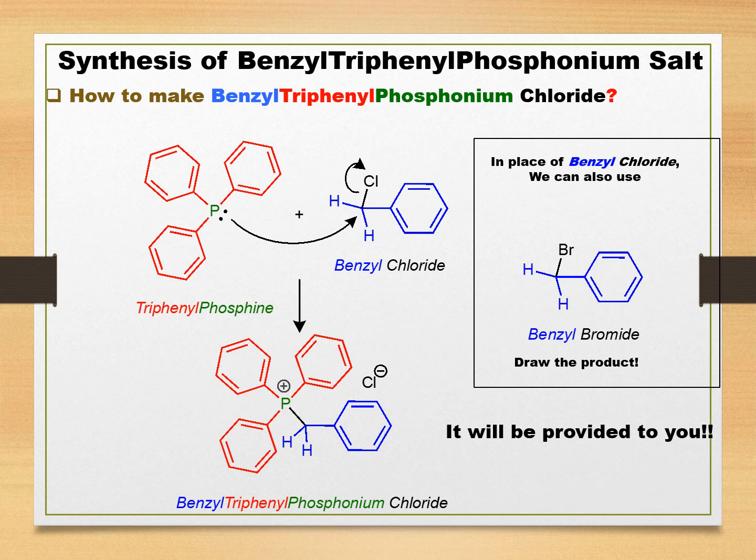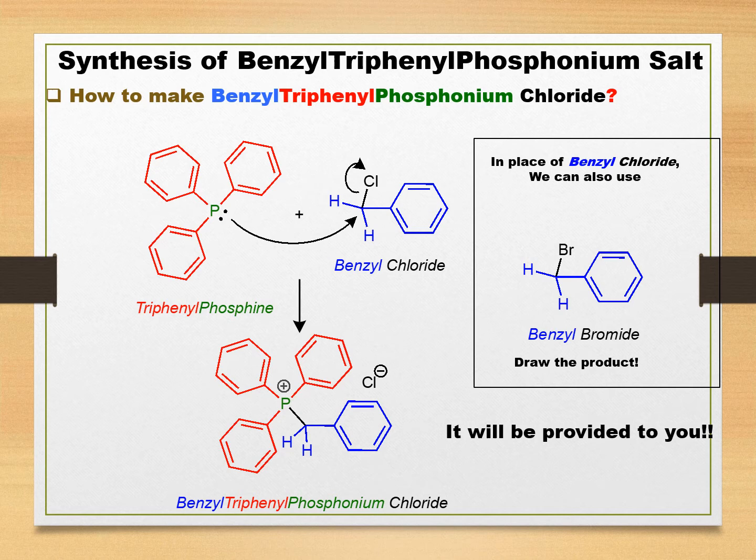Definitely this is an SN2 reaction where the phosphorus lone pair of electrons displaces the chlorine from the benzyl chloride, and the substrate, the benzyl chloride, can also be benzyl bromide in different textbooks, but it won't make any change in the product.